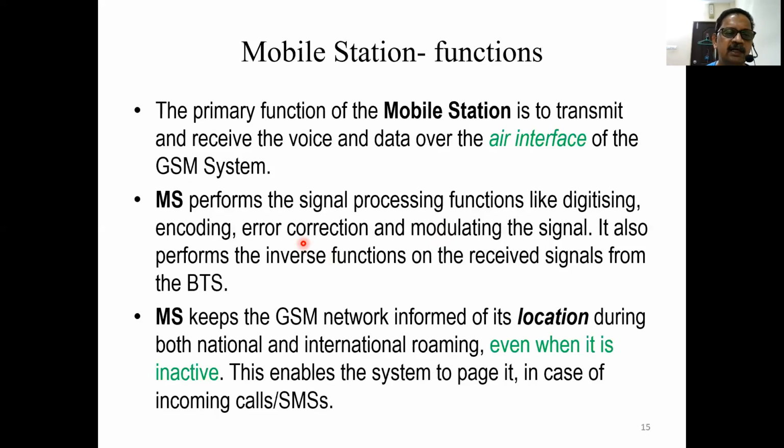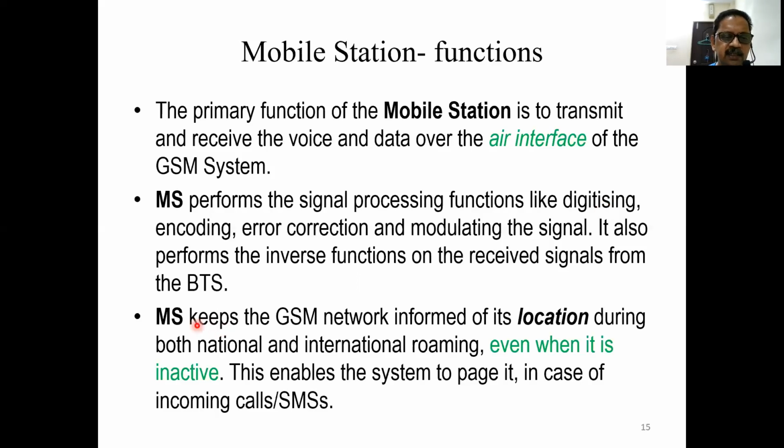The encoded signal is to be decoded, and it has to convert the signal back from digital to analog. We can hear only analog signals. Human beings can perceive only analog signals, not digital signals like our computers. So D2A conversion has to take place from BTS to MS.